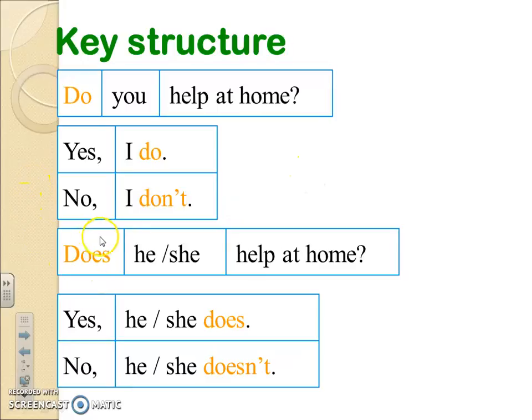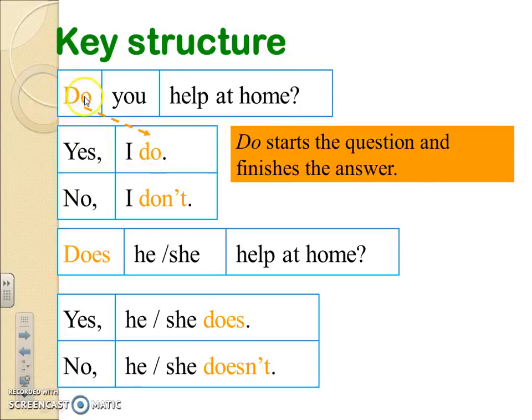The other way to ask a question is with does, if it is a third person subject. Does he or she help at home? Yes, he or she does. Or no, he or she doesn't. These are the rules you need to learn about do and does questions and answers.